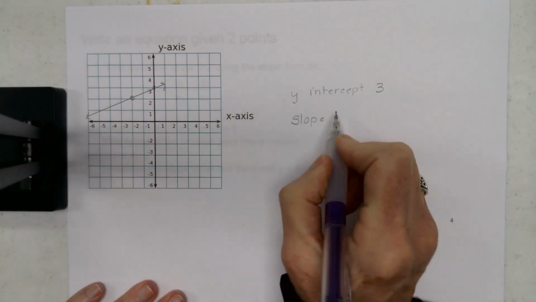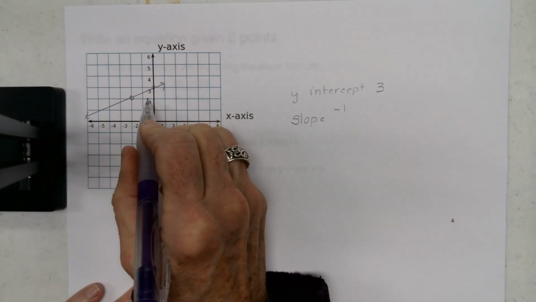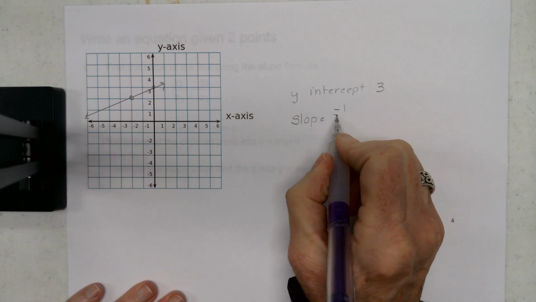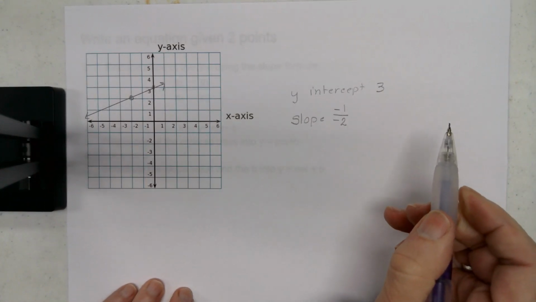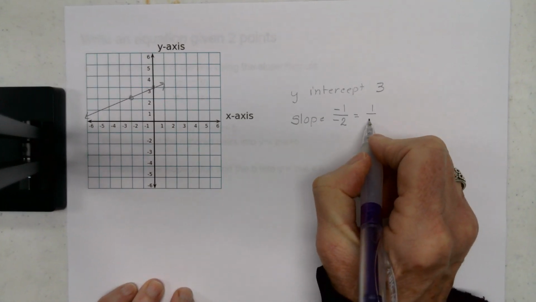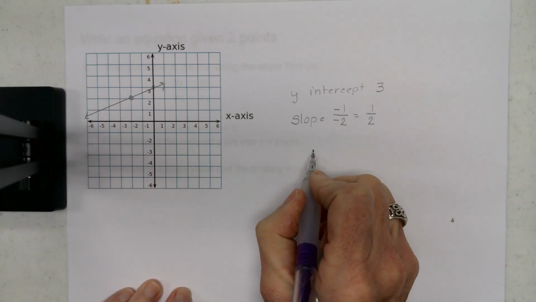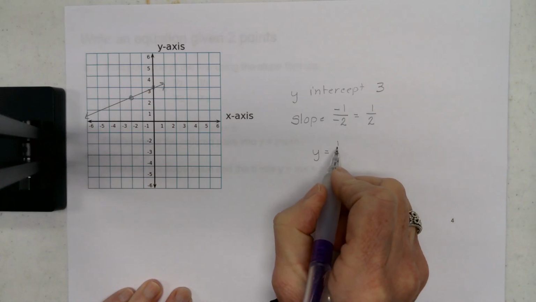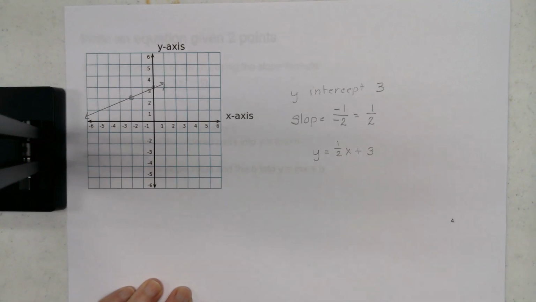So I'm going to go down 1 and over to the left, -2. So I have -1 over -2, because I went left, so that's negative, which gives me +1/2 because I have a negative divided by a negative. So my equation is y = 1/2 x + 3.